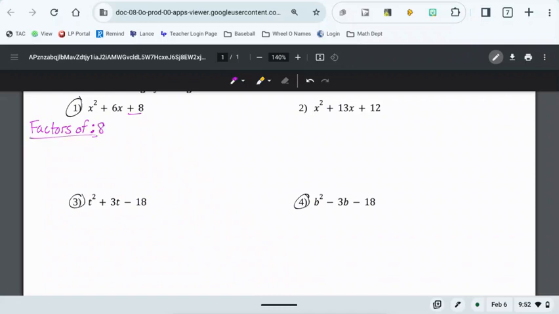So we're going to list out all the factors. Our factors are 1 and 8. 1 times 8 is 8. 2 and 4. 2 times 4 is 8. Then we have -1 times -8. And then we have -2 times -4.